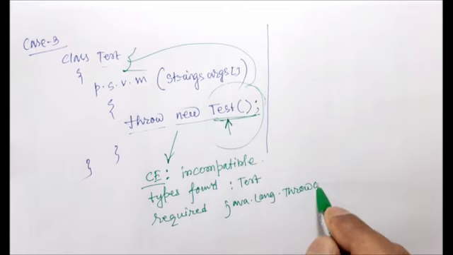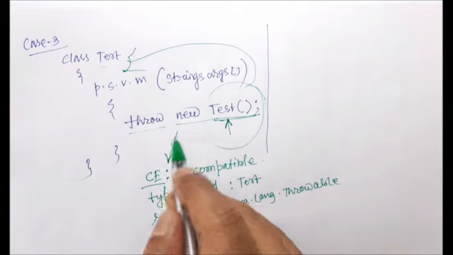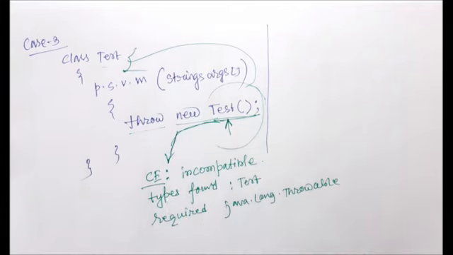So it means that I have to declare some throwable object. That means we have to give some exception which is throwable. We cannot use the throw keyword with this Test.